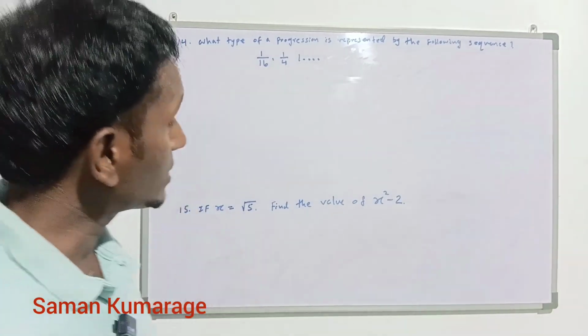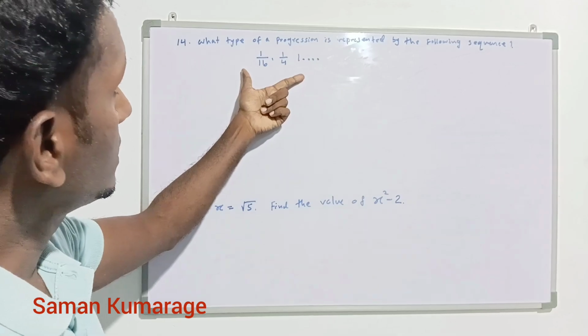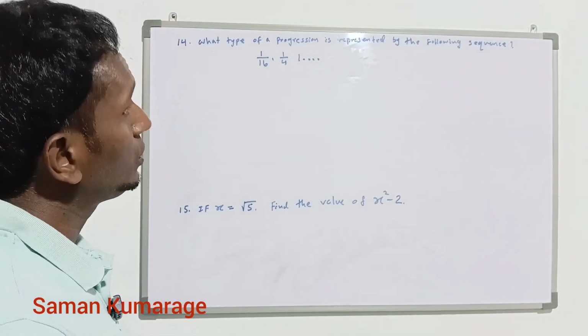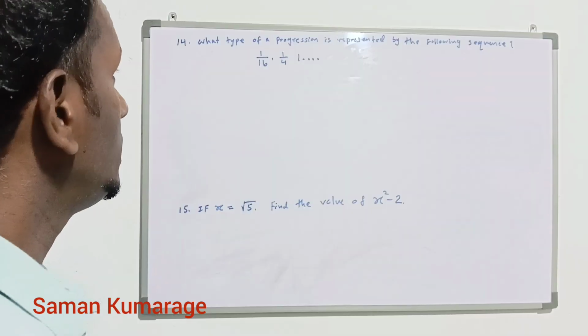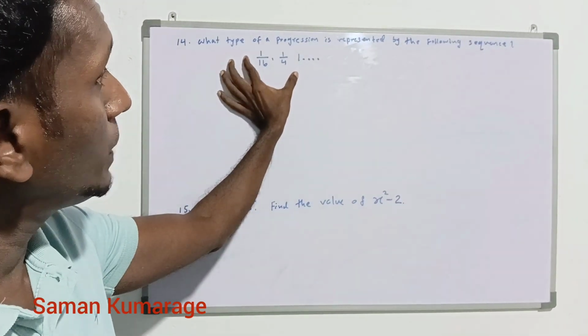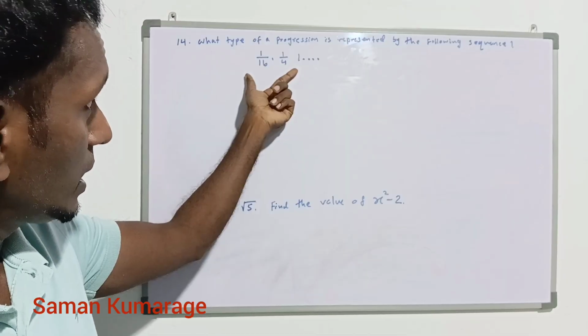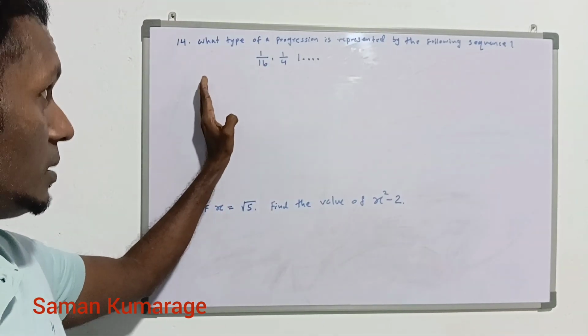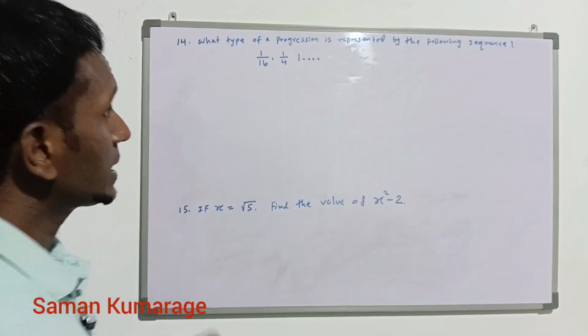Okay, let's first see if this is an arithmetic progression. For that we need to first find the common difference. For the common difference, first find any pair of consecutive terms and then subtract the previous term from the next term.